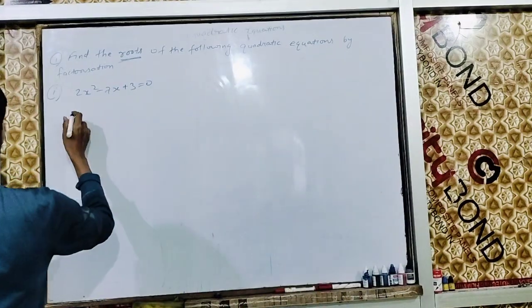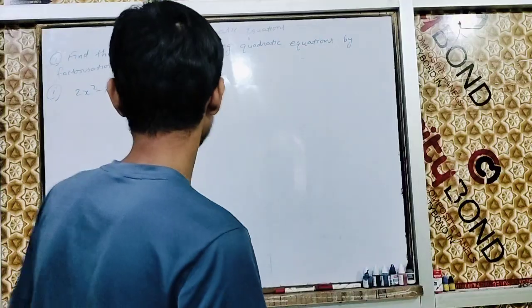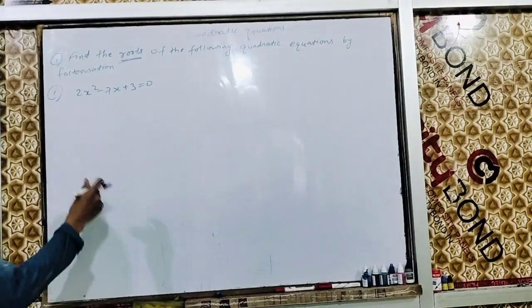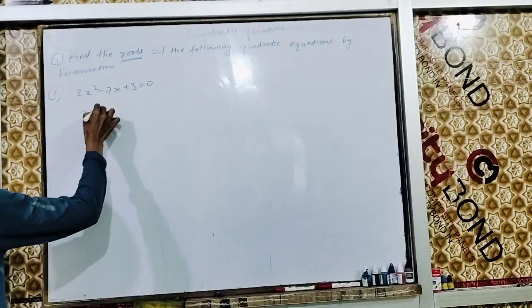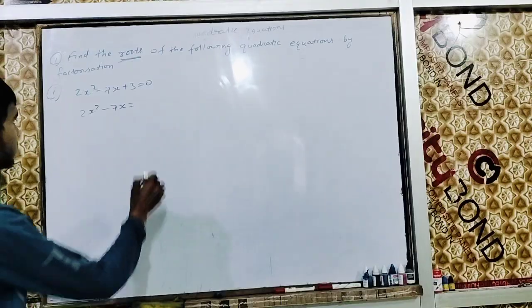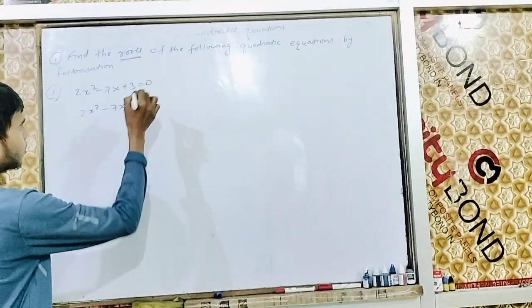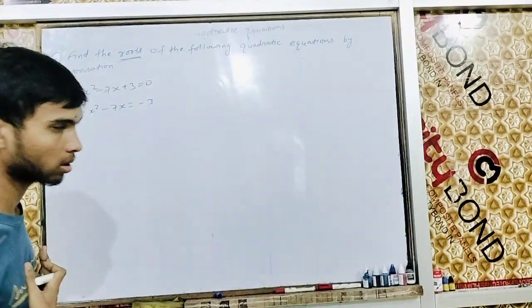Look at here. First of all, there should be something in the RHS, because in the RHS we have 0. It will not be sufficient for applying the square completing method. So 2x square minus 7x, this will come this side with the help of operators. Okay. Now we are able to apply the square completing method.